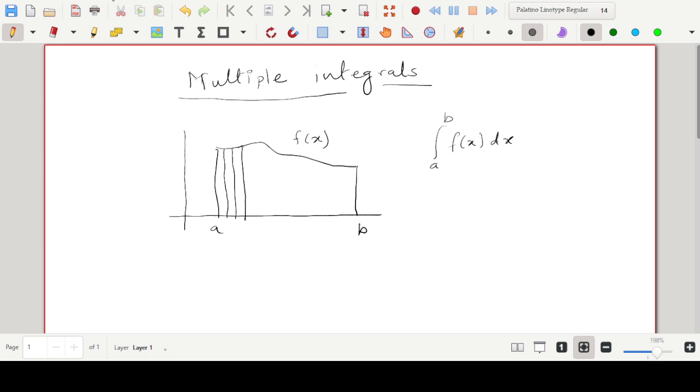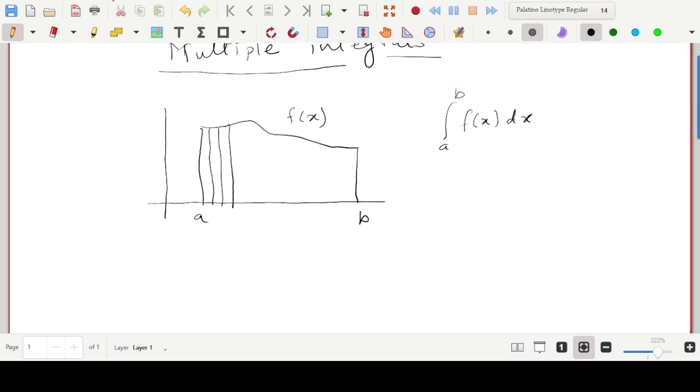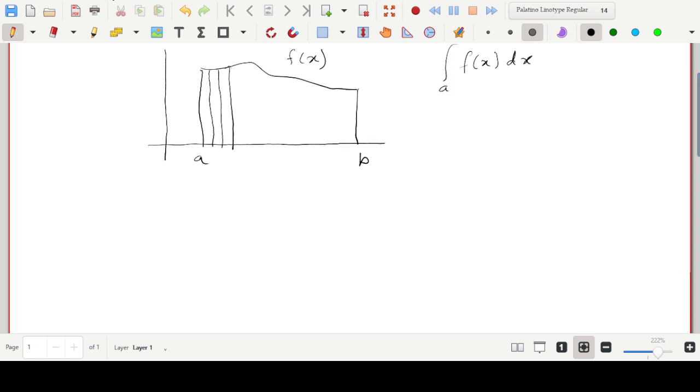But the problem is how to find the area of every strip. That is one concern, because this is not a rectangle, although these two sides are exactly vertical, and this is exactly horizontal. This is not exactly horizontal, due to which we cannot treat it as a rectangle and find out the area of this strip.